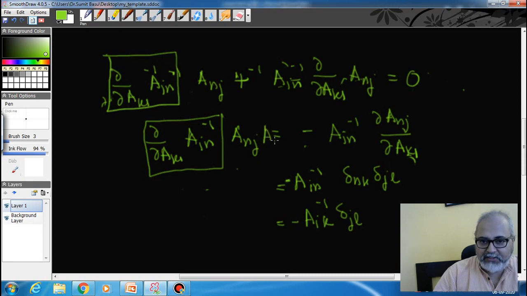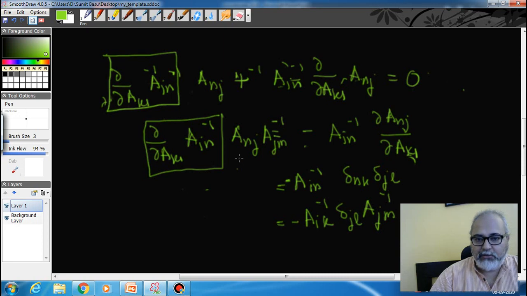multiply with, let's say, J_jm inverse on both sides. When you multiply with J_jm inverse here, this becomes delta_nm, right? So when it becomes delta_nm, this n knocks off this n in favor of the m.